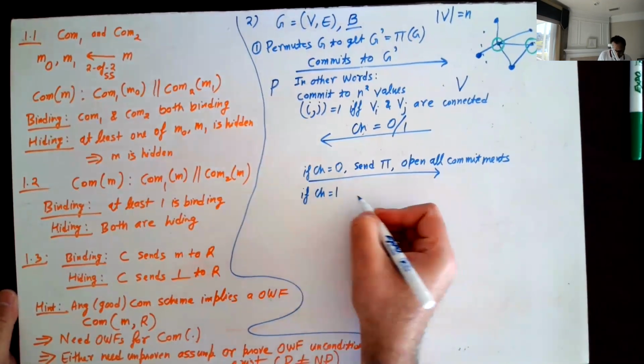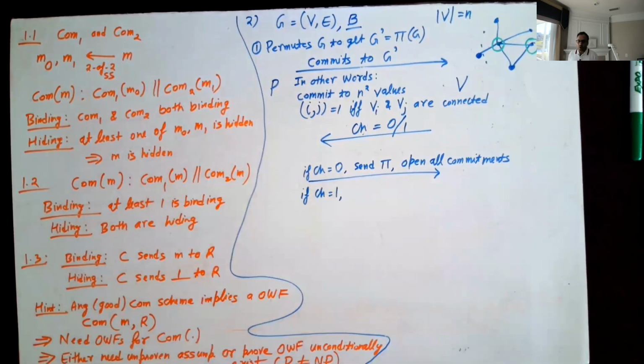Now, if the challenge equals 1, then the verifier is willing to believe that graph G prime is the right one, but you need to show that G prime has a small enough vertex cover.